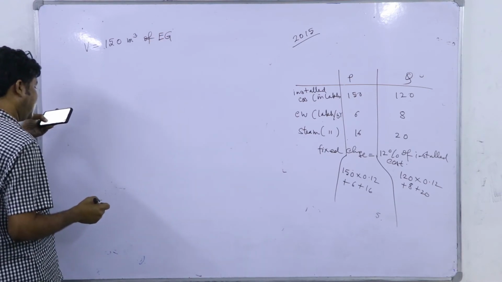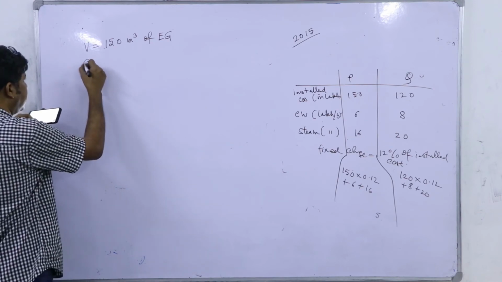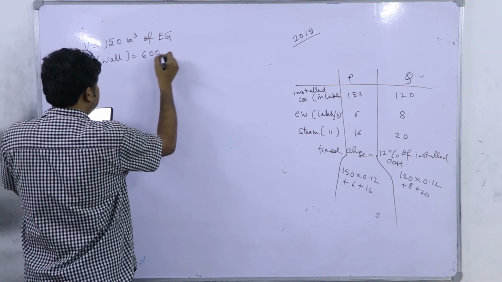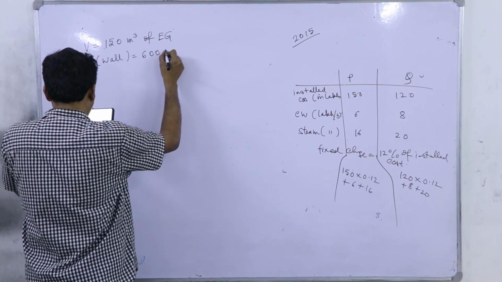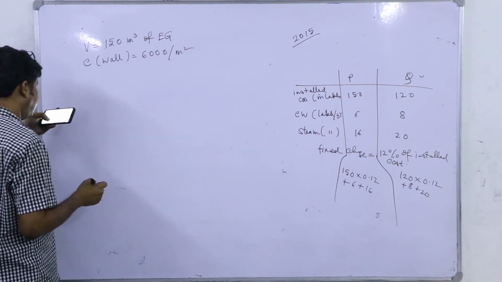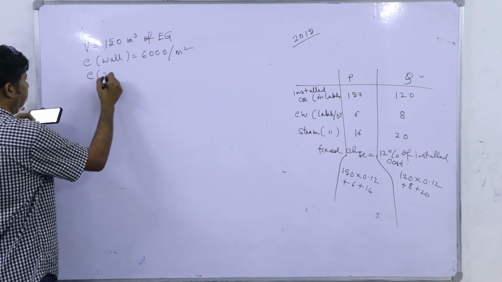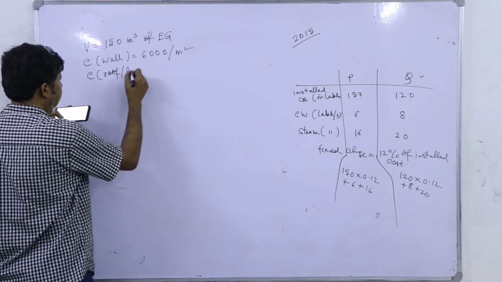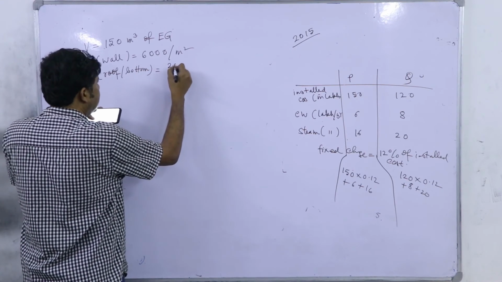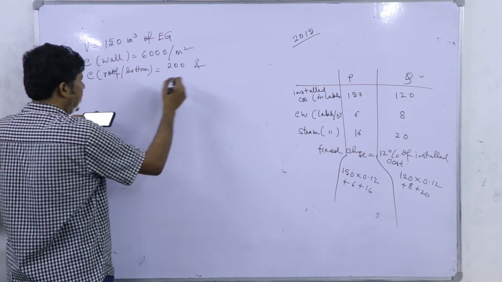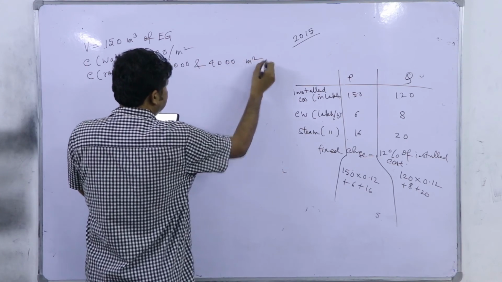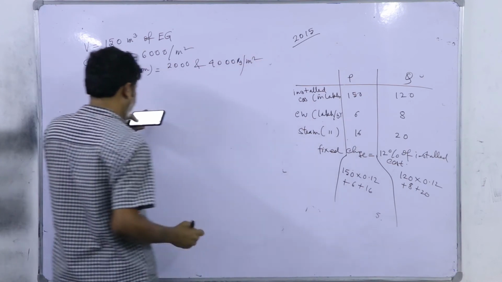The cost of material and fabrication for the tank wall is 6,000 per meter square, and for the roof and the tank bottom it is 2,000 and 4,000 rupees per meter square.